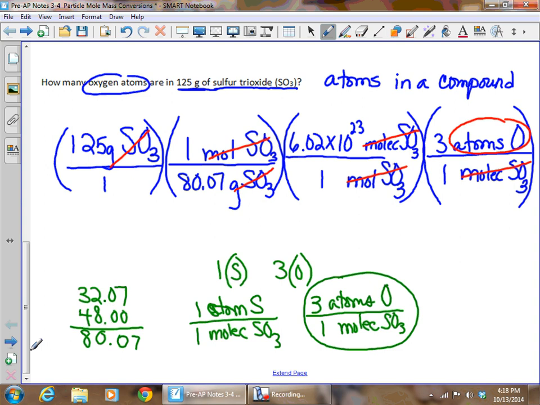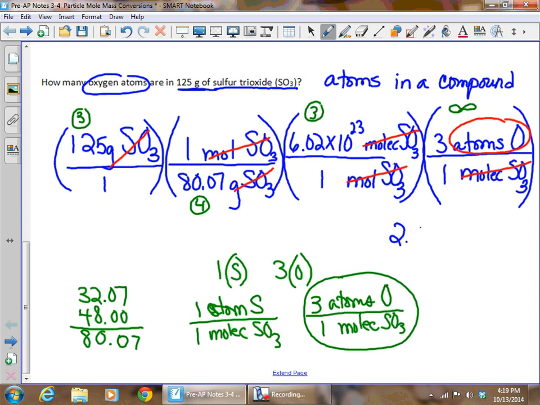When we get done, think about what our sig figs should be. The 125, our given, has 3. 80.07 has 4. The 6.02 times 10 to the 23rd has 3. And since the 3 is a counting number, it has an infinite number of sig figs and therefore does not get counted in our sig fig determination. So it looks like we need 3 sig figs, and this is going to come out to be 2.82. Now watch it.